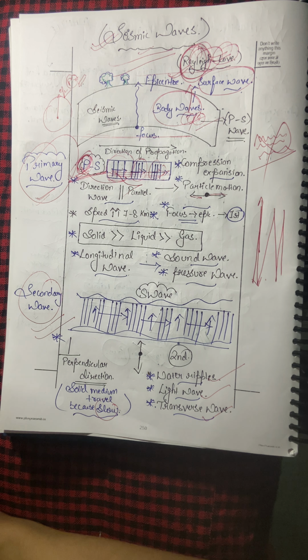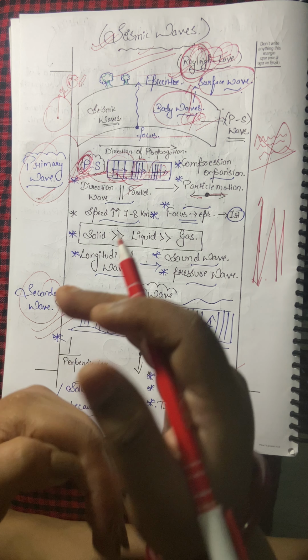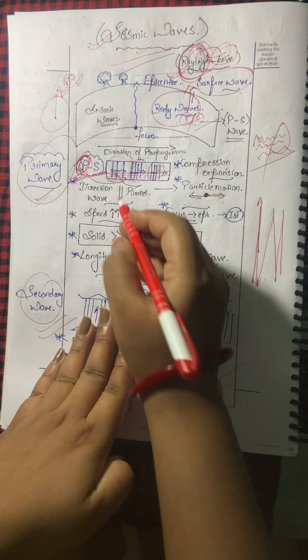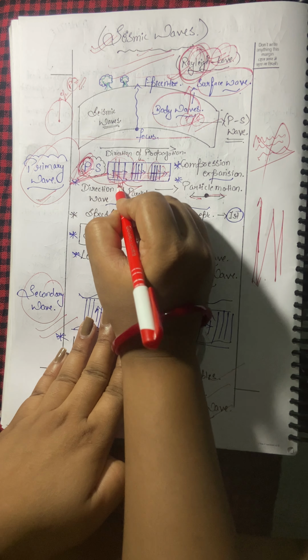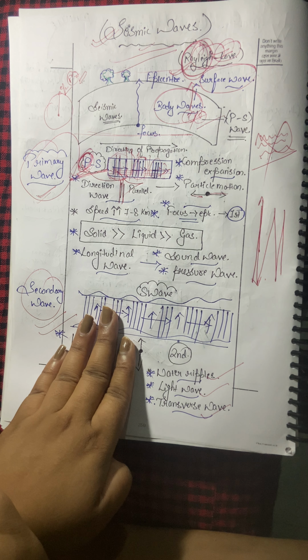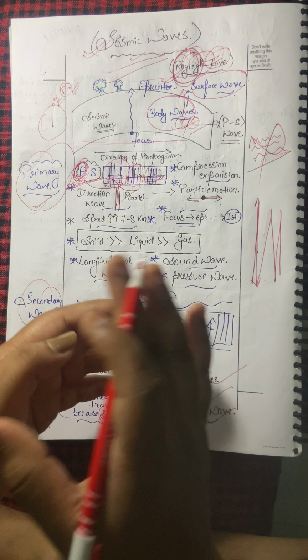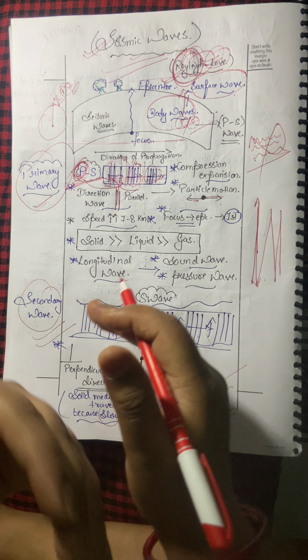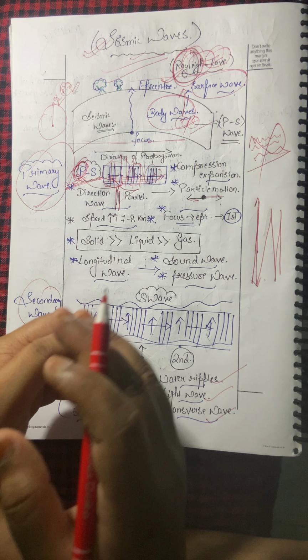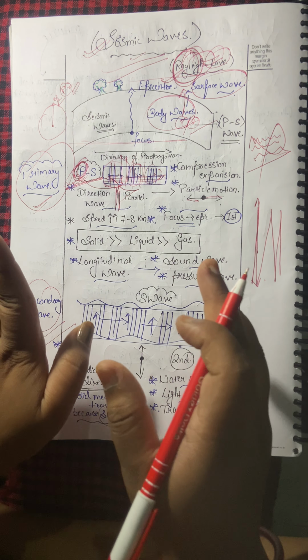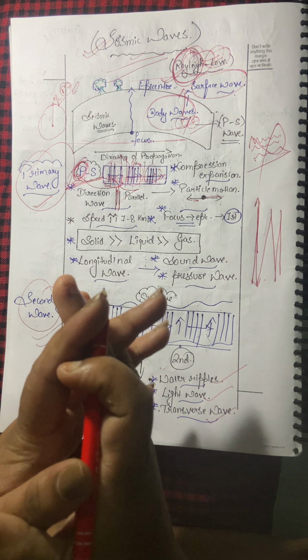In P waves, the particle motion is parallel to the direction of wave propagation. It moves like a spring, pushing and pulling, causing compression and expansion in the rocks.